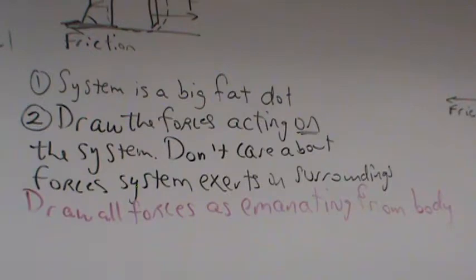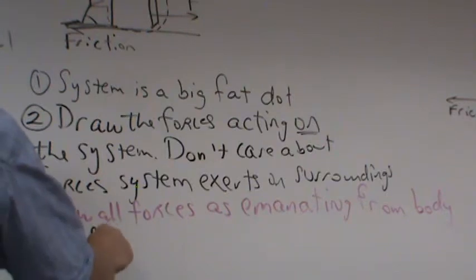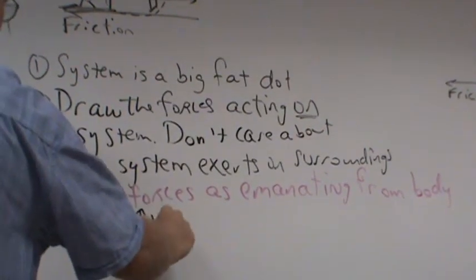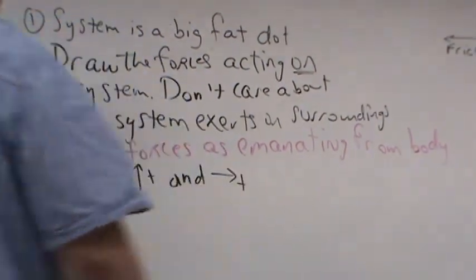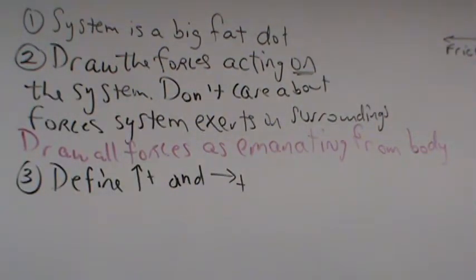There's two more things that I want in a free body diagram problem. Number 3, define which way is positive. Ordinarily, we'll say up is positive and right is positive.